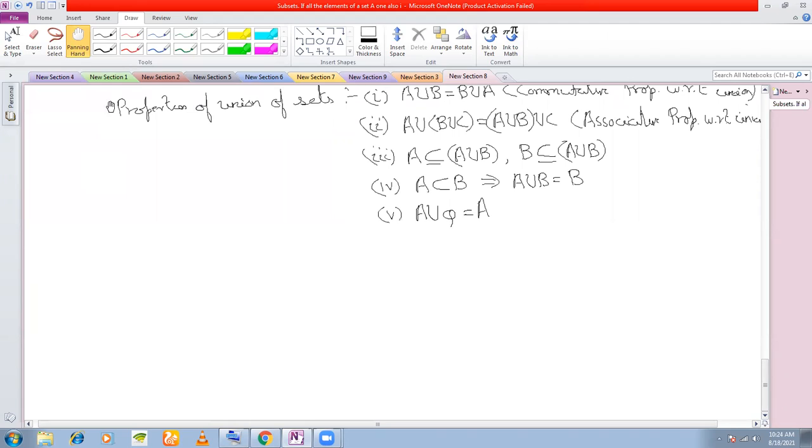Next, I'll just define intersection and I will call it a day. Intersection of sets. That is the next operation.